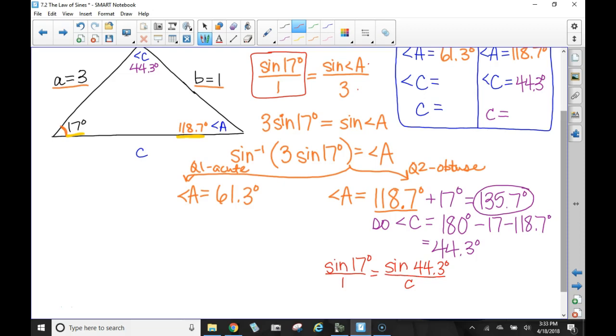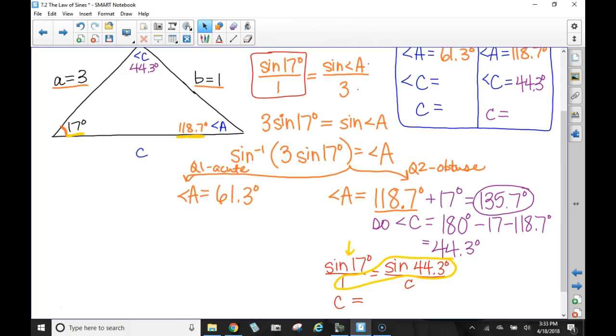So to find C, we're going to cross multiply and divide. So sine of 44.3 times 1 divided by the sine of 17.